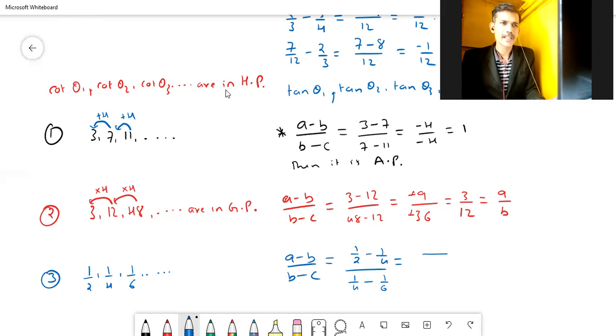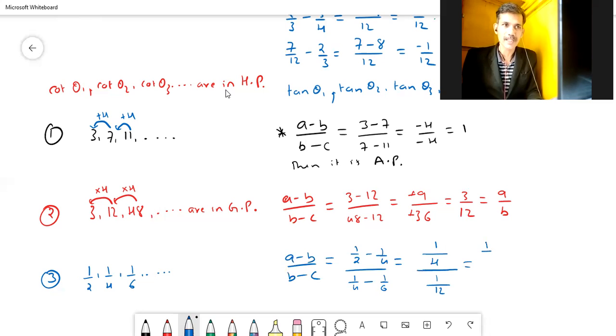Here take 4 as LCM: 2 minus 1, 1 upon 4. Here take 12 as LCM: 3 minus 2, 1. So you can express it in lowest terms.